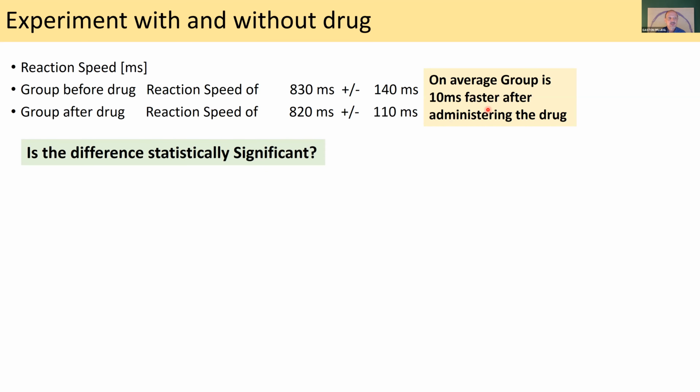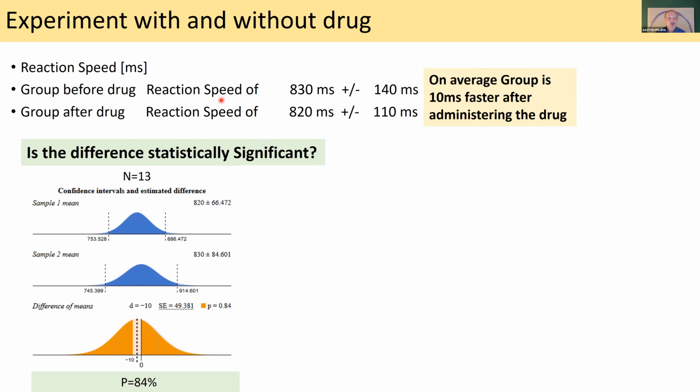So then the question is, it is statistically significant. If this were a drug, say you take the drug and you're 10 milliseconds faster, and there's a study with 5,000 people saying you become 10 milliseconds faster, would you take the drug? With an N of 13, it's not significant.